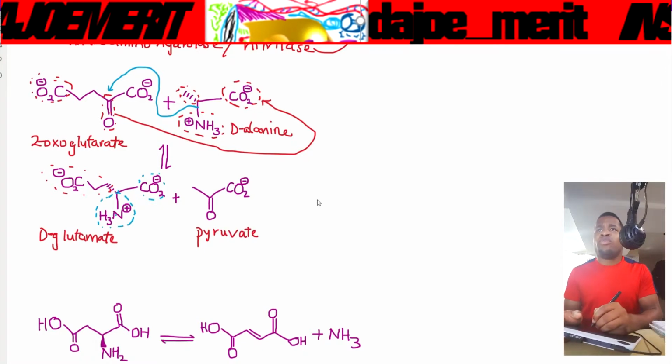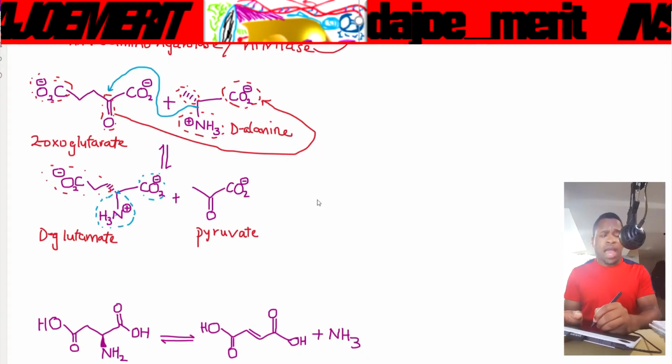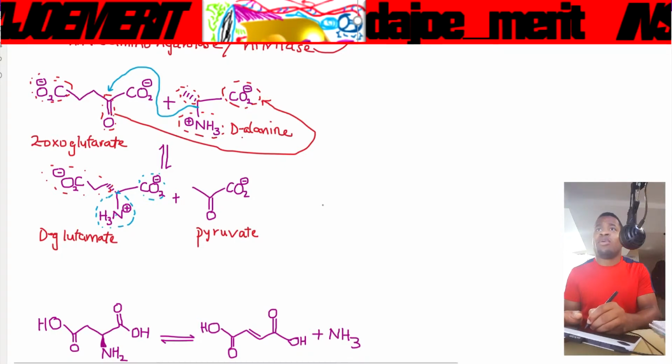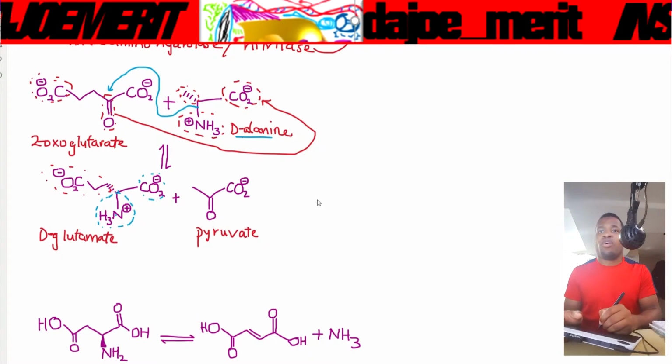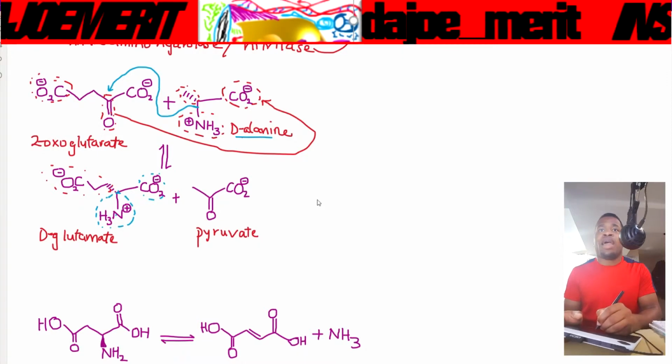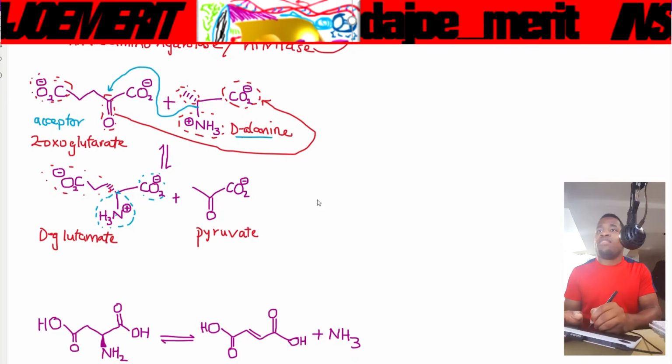So due to this process of one particular group right here actually being the donor, which is the D-alanine right here, because it's donating the amine group into the 2-oxoglutarate, what we notice is that this here becomes the acceptor, and this right here is the donor.